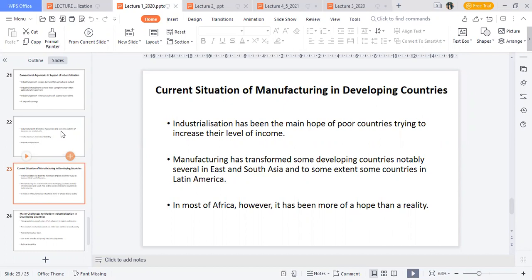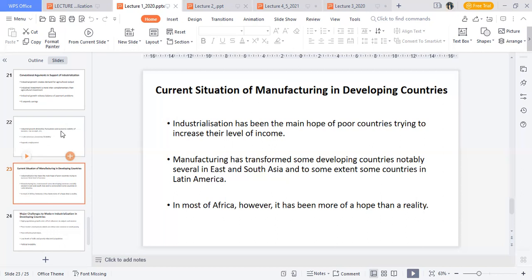And they give account that yes, it has been experienced in some places, especially with Asian countries. And it has been the hope when it comes to Ghana here. It has been the hope for most poor countries, but the reality is that it's been a hope project. Like we are only anticipating that one day we will become industrialized instead of working for it.